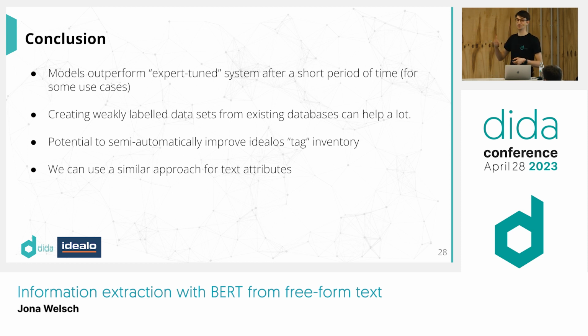And this actually has the potential to improve idealo's tag or product attribute inventory, because we've seen this difference in recall between the existing product catalog and the BertQA model. And as a side note, we can actually use a similar approach for text attributes. We also did a POC with this, which also gave nice results. But in order to keep today's talk short, I limited myself to this.